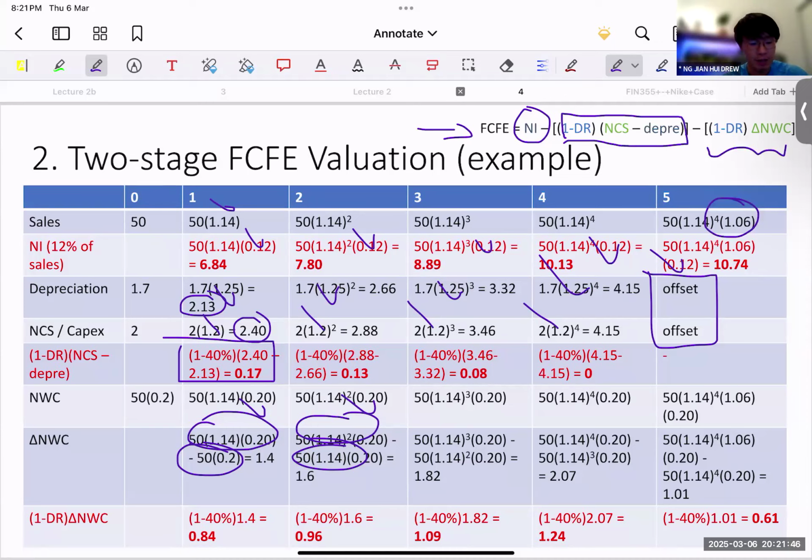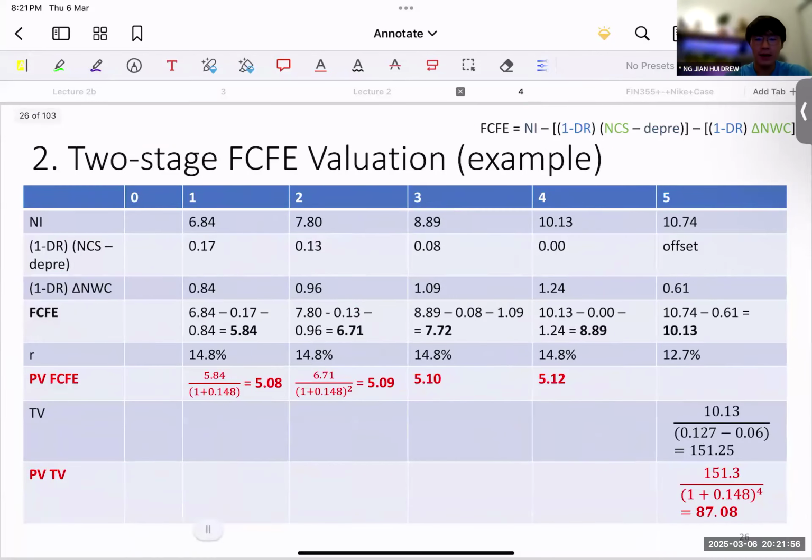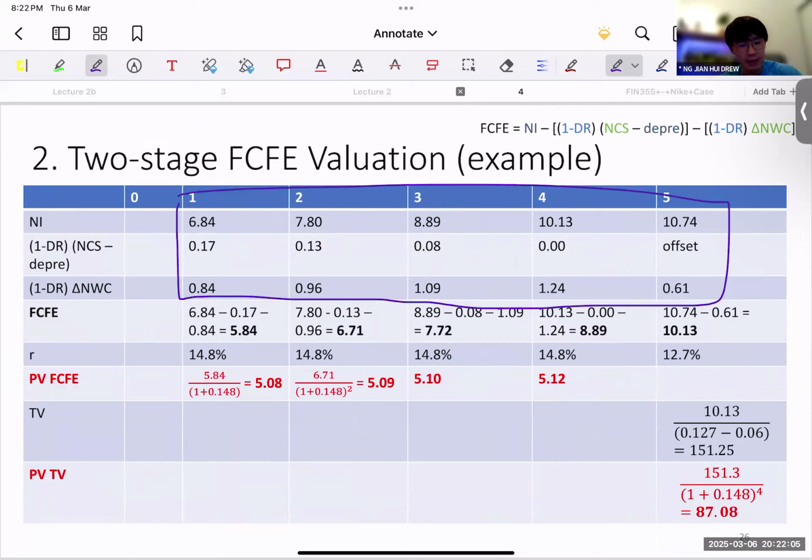So we do the same thing, 1 minus that ratio times your change in net working capital, and these are in red, meaning these are the important figures that we want to find. We translate all the red figures here for simplicity, which are the key components 1, 2, and 3.